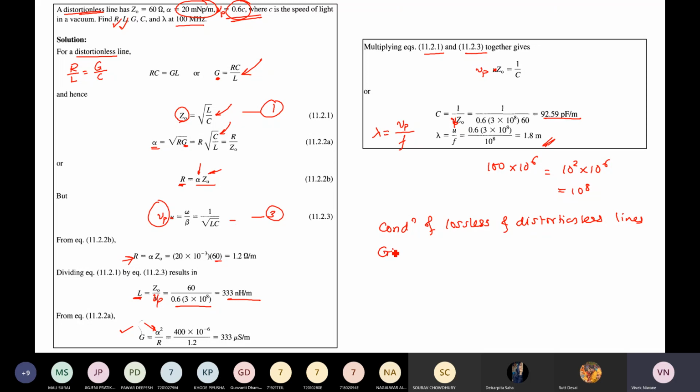You need to memorize the general formulae for propagation constant and characteristic impedance, as well as the general formulae for alpha and beta, the attenuation and phase constants. If you memorize these formulae, they will be the minimum necessary formulae for solving the numericals.